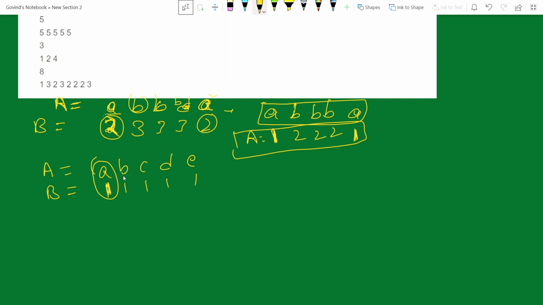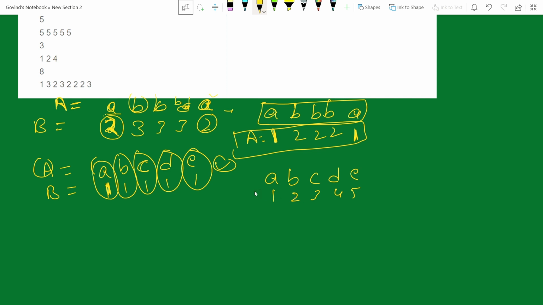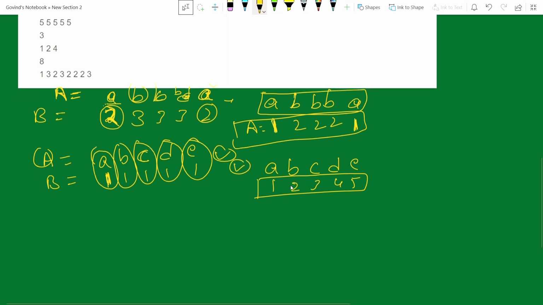B is also occurring one time in array A, and C is also occurring one time. So it is possible. So now our array A is A, B, C, D, E. Let's start from the smallest element: 1, 2, 3, 4, 5. So this will be our smallest lexicographical sequence. First of all, you have to see whether it is possible, then you have to find the smallest lexicographical sequence.